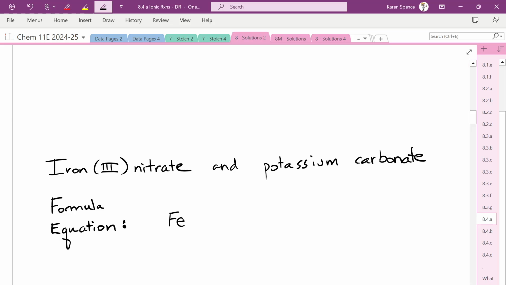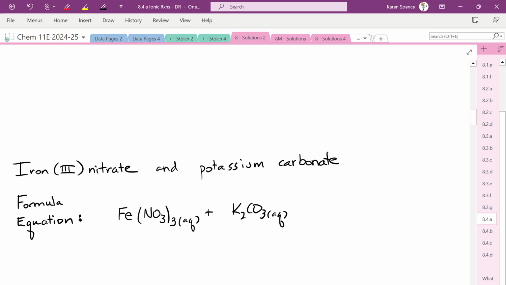Okay, so we have Fe(NO3)3 plus K2CO3, aqueous. If you've got the formula equation, you can go ahead and try the complete ionic equation, identifying your spectator ions and the net ionic equation.